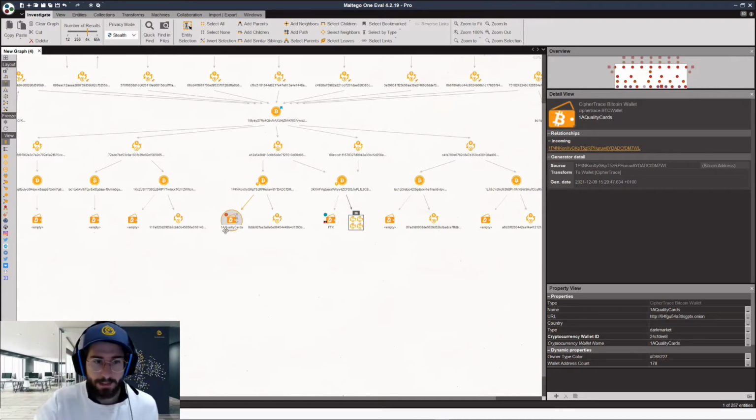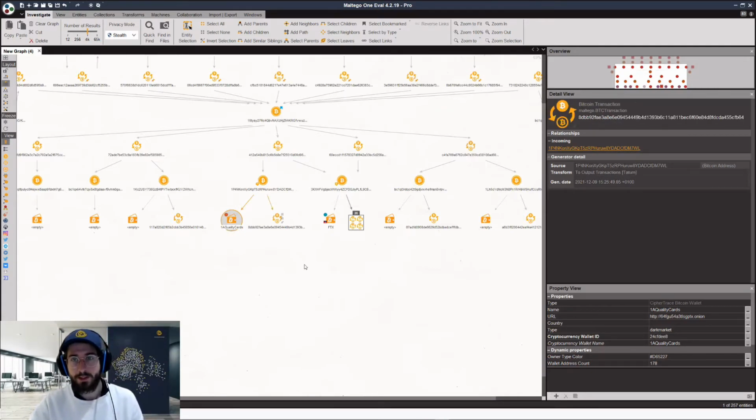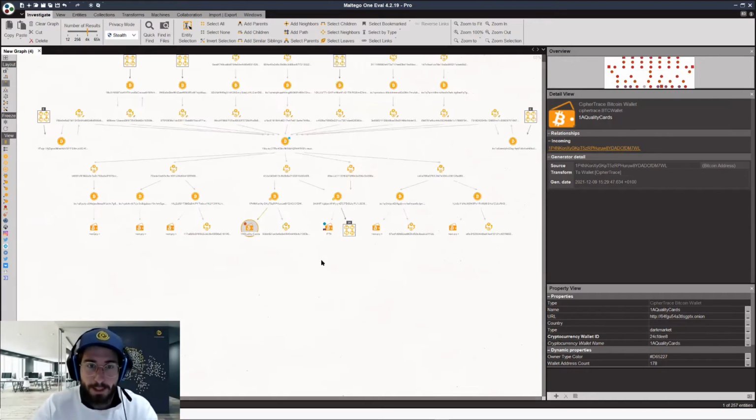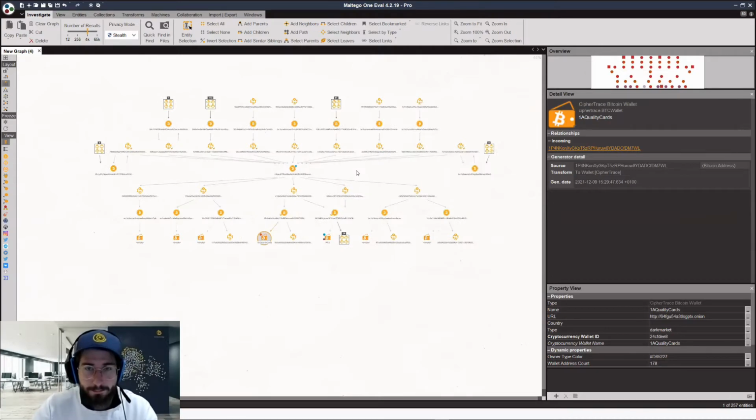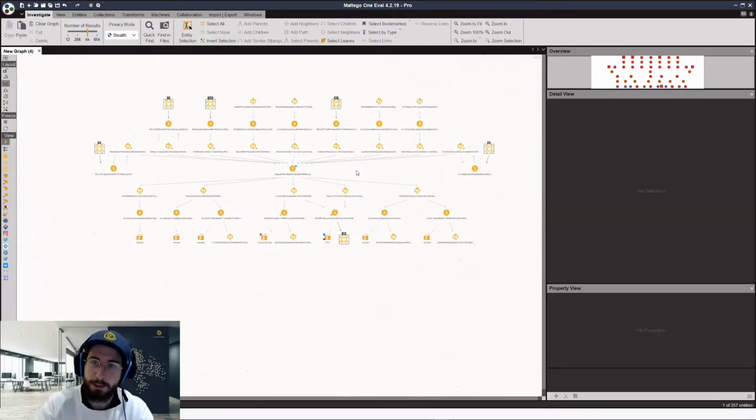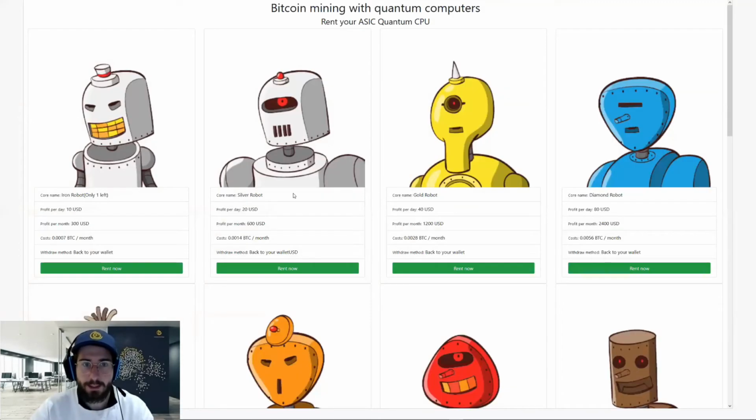And this one, given by the name 1A Quality Card, is probably a carding forum where people pay for information related to credit cards in order to then commit fraud, for example, and try to cash out on these stolen credit cards. So just to recapitulate a little bit what we did, we started from a pretty shady looking web page.